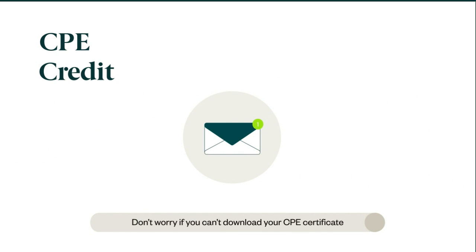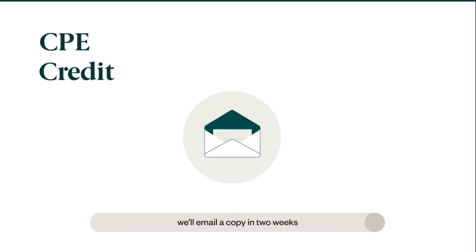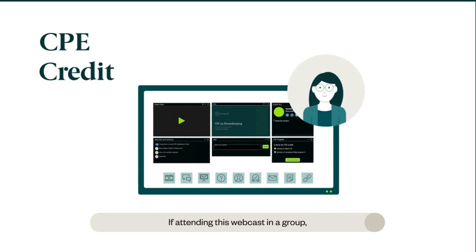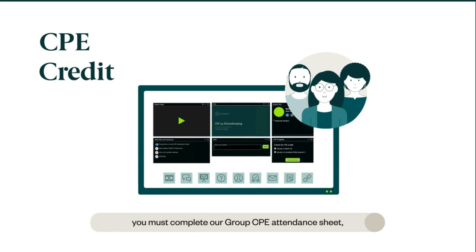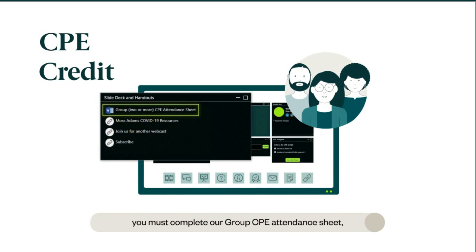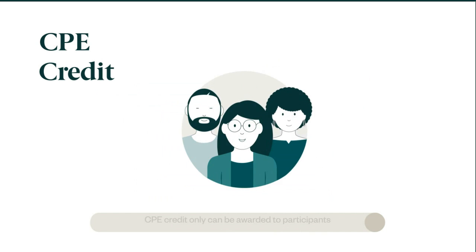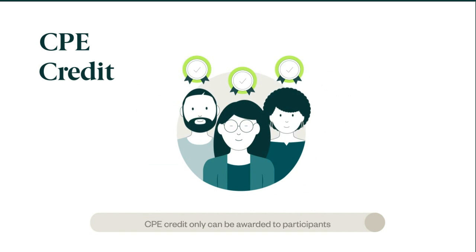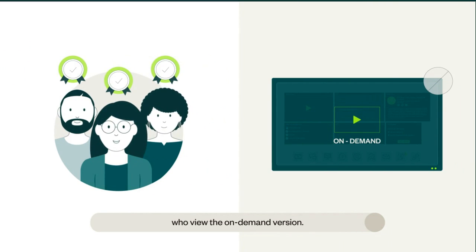Don't worry if you can't download your CPE certificate today. We'll email you a copy in 2 weeks. If attending this webcast in a group, you must complete our Group CPE attendance sheet, available in our Slide Deck and Handouts widget to receive credit. Please have all group members sign it and send only one sheet per group. CPE credit can only be awarded to participants registered as themselves and isn't available for participants who view the on-demand version.